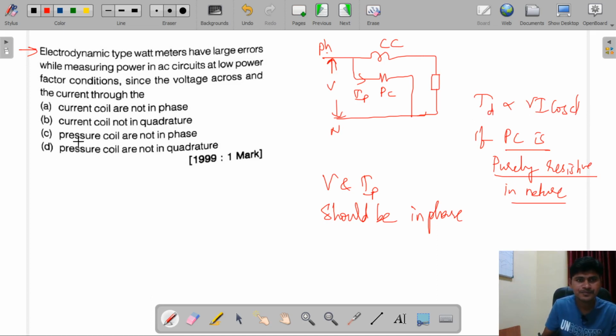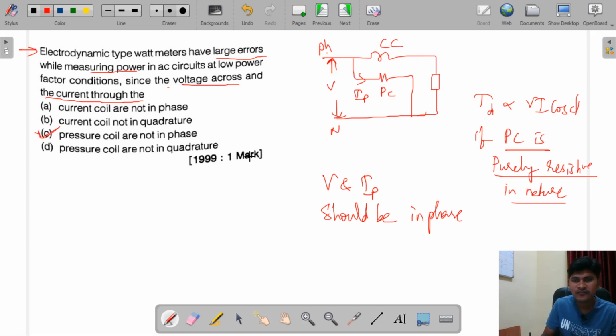So, dynamometer type wattmeters have large errors while measuring power in AC circuits at low power factor conditions, since the voltage across and the current through the pressure coil are not in phase.